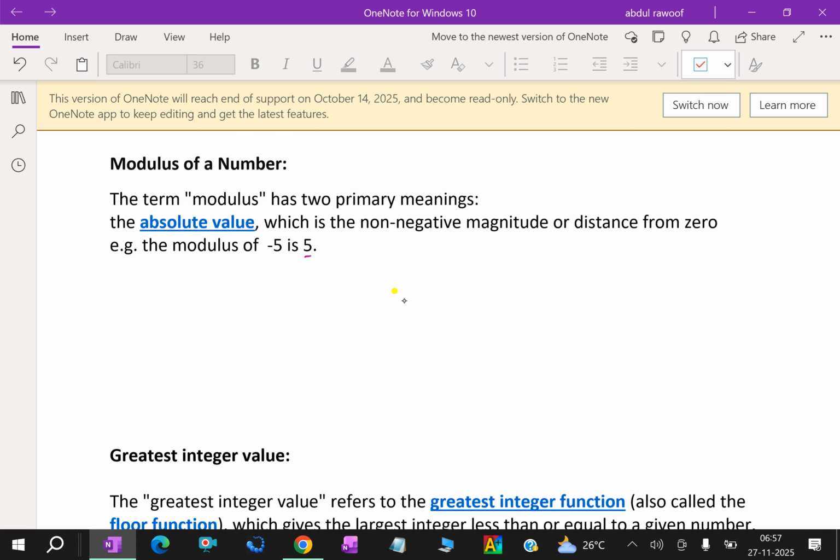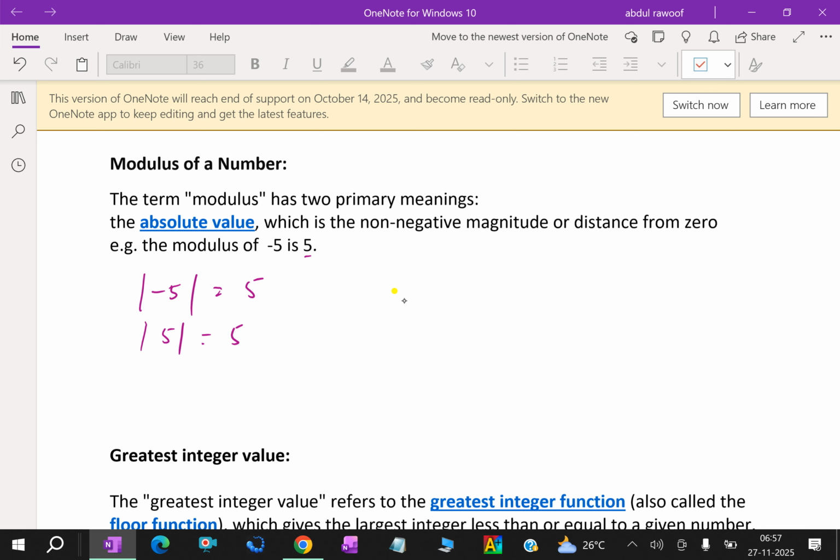Even then, the actual distance from center 0 to that point is 5. Therefore, modulus of minus 5 can be written as 5. Also in the positive direction, modulus of 5 is also 5, which means it exactly gives the distance between those points.